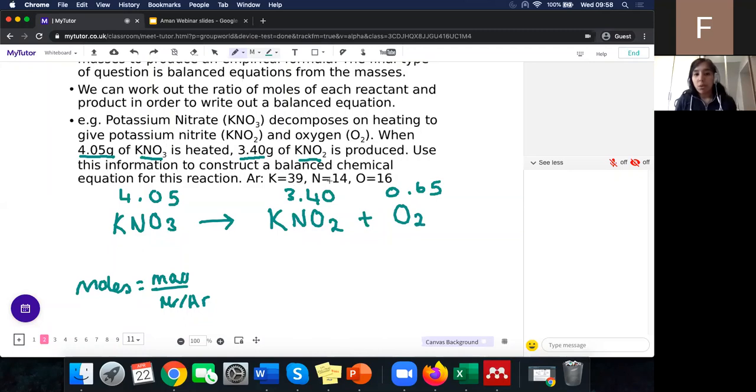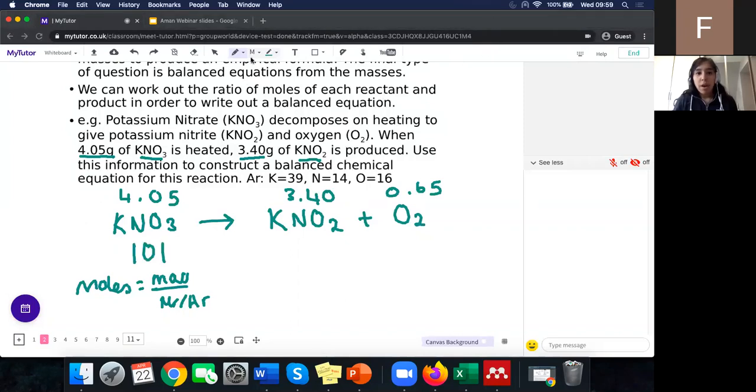We add that to 14, which gives us 53, and then we add that to 48, which is 16 times 3. So what's the total MR of potassium nitrate? 39 plus 14 plus 48. Excellent, 101. Okay, great.